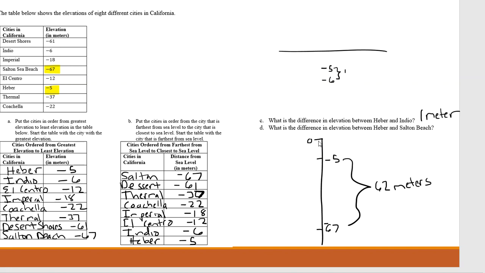So if we consider 0 our sea level, Heber would be 5 spaces away from that. And then if we have our Salton Sea Beach, it's down at -67.